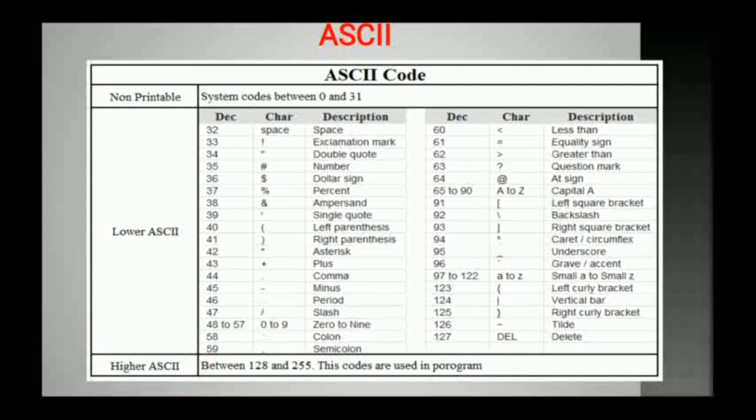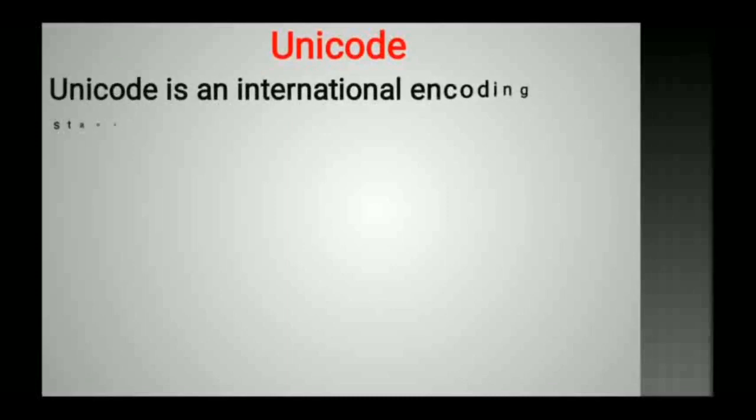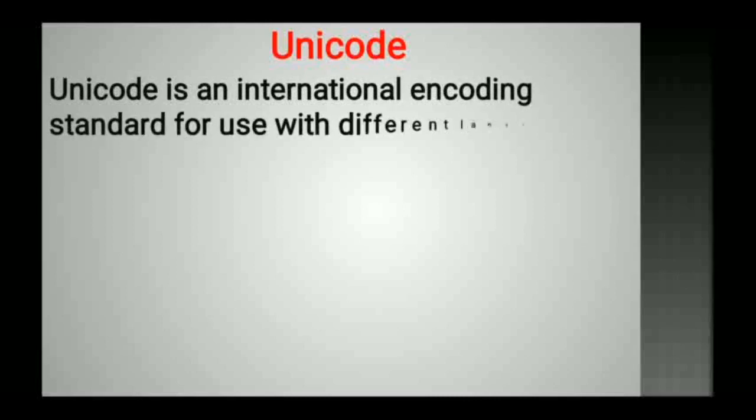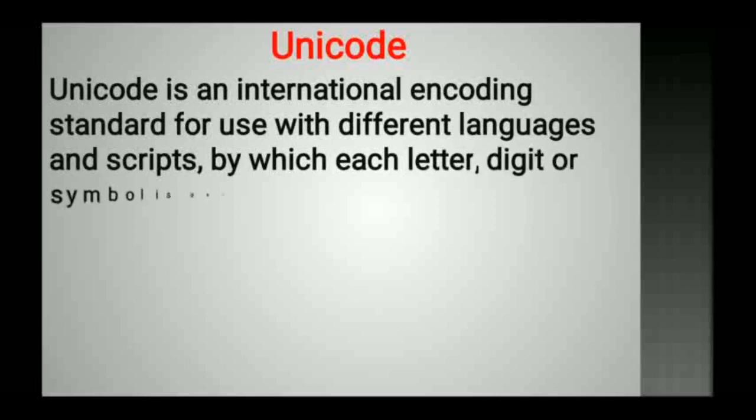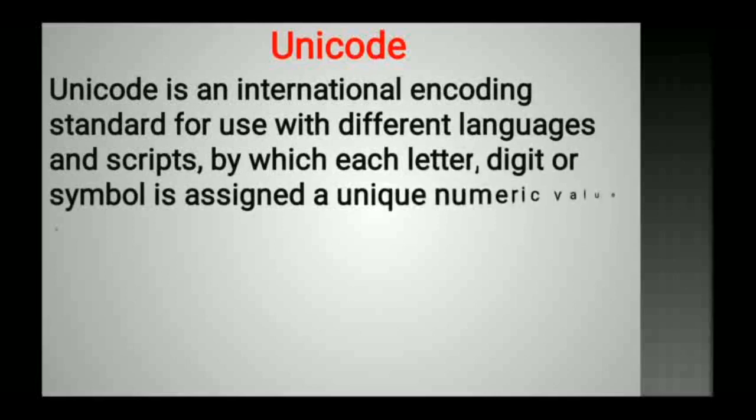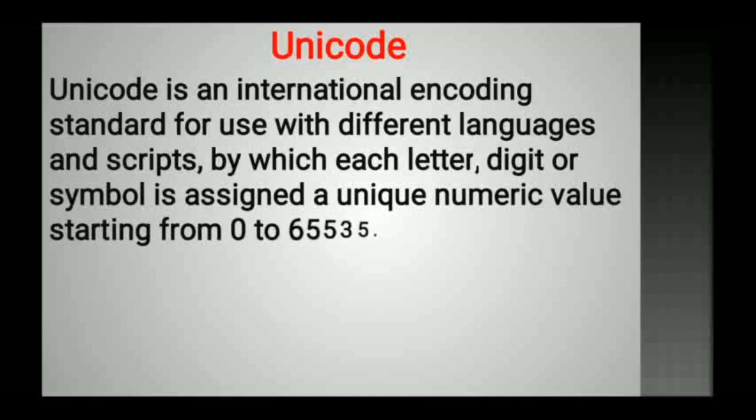Now our next character set is Unicode. Unicode means universal code. The Unicode is an international encoding standard for use with different languages and scripts, by which each letter, digit or symbol is assigned a unique numeric value starting from 0 to 65,535.